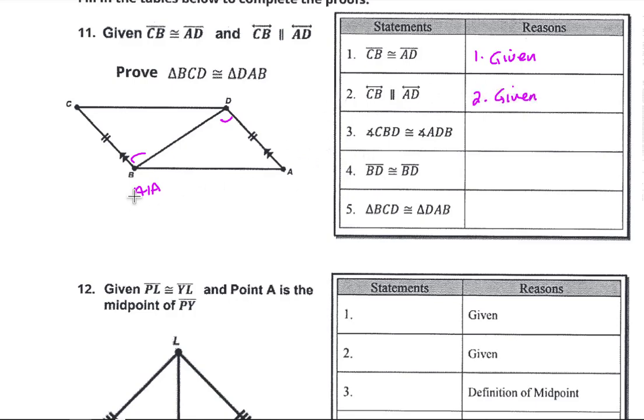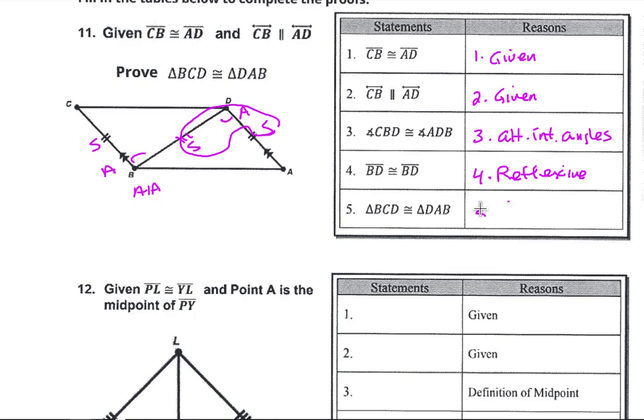So with CB being parallel to AD, that sets up alternate interior angles. So the angles CBD and ADB are going to be congruent because of alternate interior angles, and that gives us the A part of the pattern that we need. And so altogether, we have an angle side angle pattern to show that those two triangles are congruent to each other.